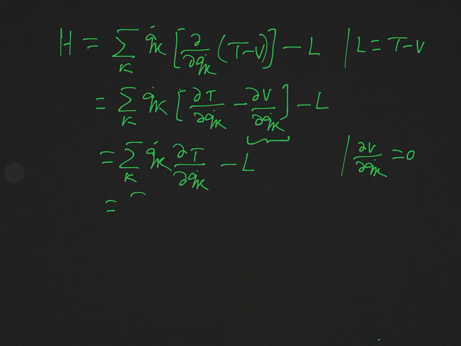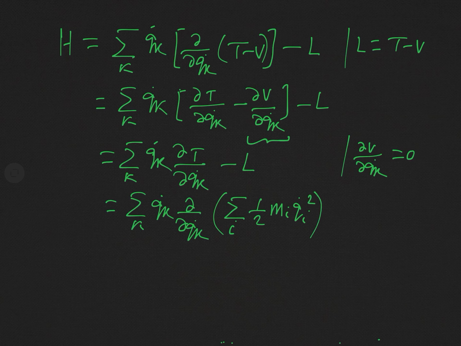Now we will write the expression for kinetic energy T of our system. So this is q̇k ∂/∂q̇k, and what we will write for the kinetic energy T? We can write it summation over i, half mi q̇i square. Here actually i represents the total number of particles.